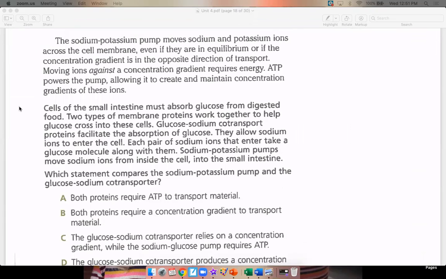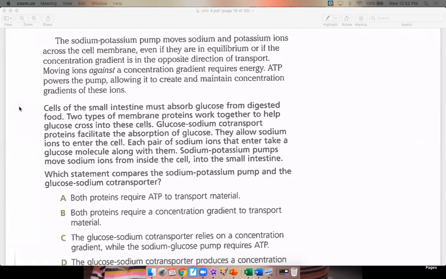The sodium-potassium pump moves sodium and potassium ions across the cell membrane, even if they are in equilibrium, or if the concentration gradient is in the opposite direction of transport.